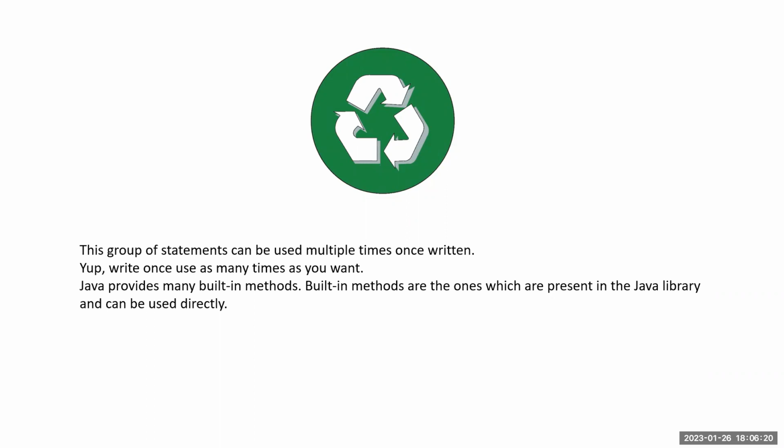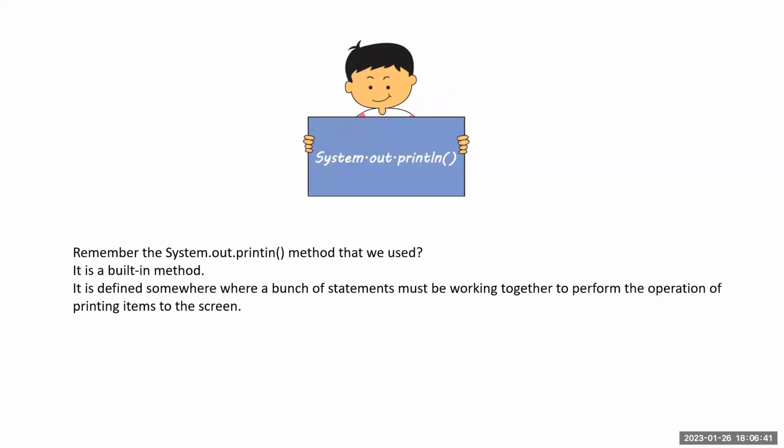What do we call these built-in methods? I think you are already aware of one method that we have been using frequently from day one: System.out.println, which we got from the Java library. Remember this. It is a built-in method, and it is defined somewhere in the Java API libraries.